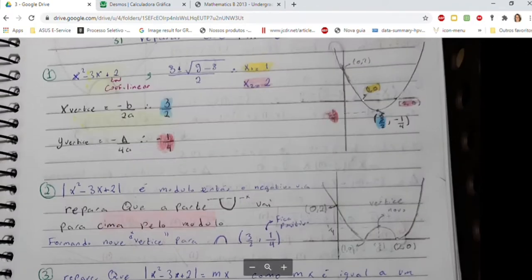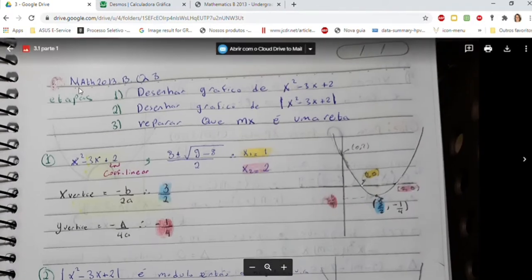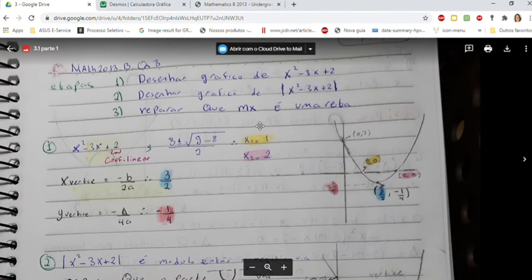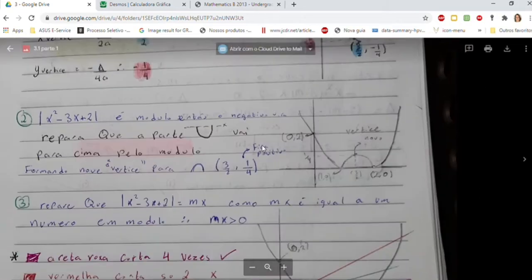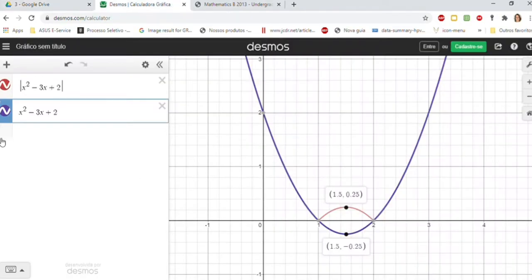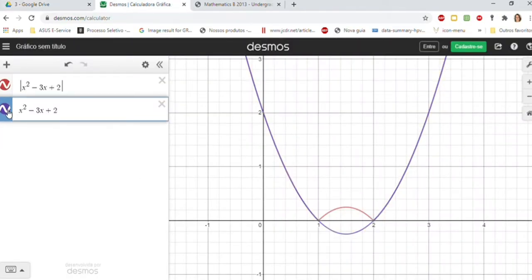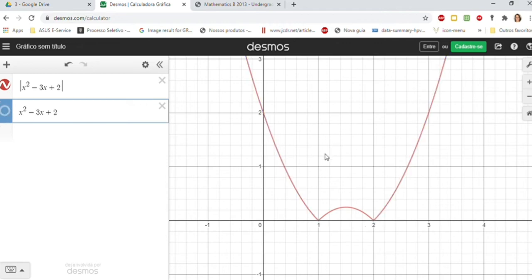So look, for this question we are going to draw the graph of this part, then draw the graph of the modular part, and then compare to m of x. What do I mean by this? We don't need to use this purple one anymore, the red one.